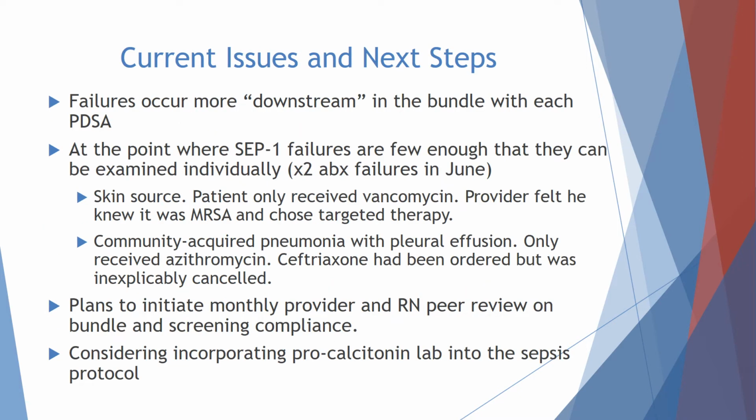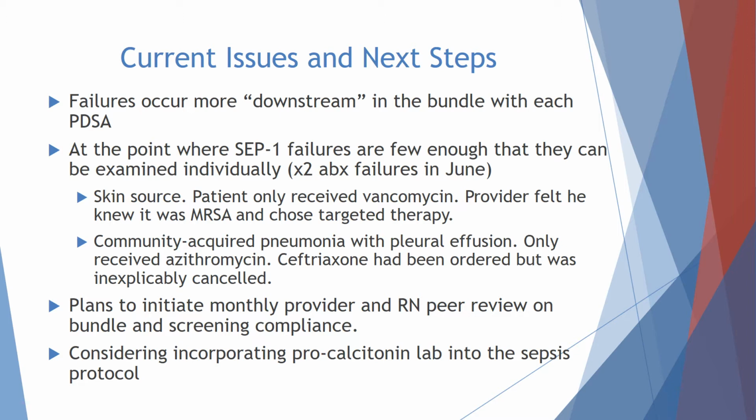We asked this hospital, what are your current issues? What are your next steps? As I said, failures were occurring more downstream in the metric. They have now gotten to the point where there are so few failures that they can do individual peer review, which is very cool. And after 6 months, they're seeing mostly antibiotic failures. So in June, there was a patient who received only vancomycin, and the question was, why was it only vanc?